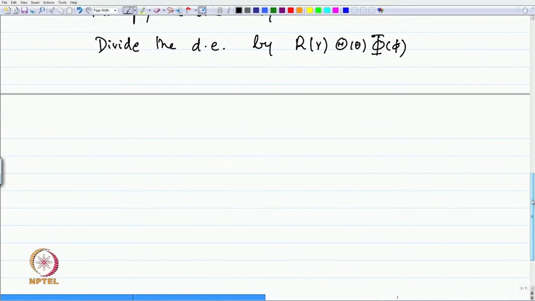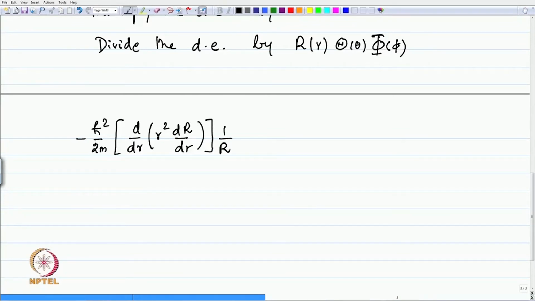When you do that, the resulting equation for the radial part and the angular part take this form: minus h bar square by 2m, d by dr of r square dR by dr, and since we have divided everything by the wave function itself, you will have 1 by R because the theta and phi parts will be cancelled. Likewise, you have 1 by sin theta, sorry, let me do the following.